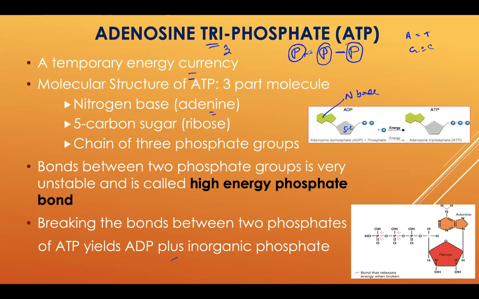These are the phosphate bonds. When we talk about covalent bonds and ionic bonds, remember I told you that a bond means they store energy. So when atoms make a bond in a chemical reaction, they store energy inside that bond.